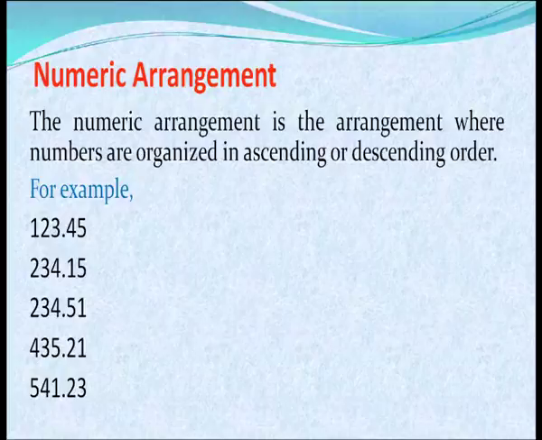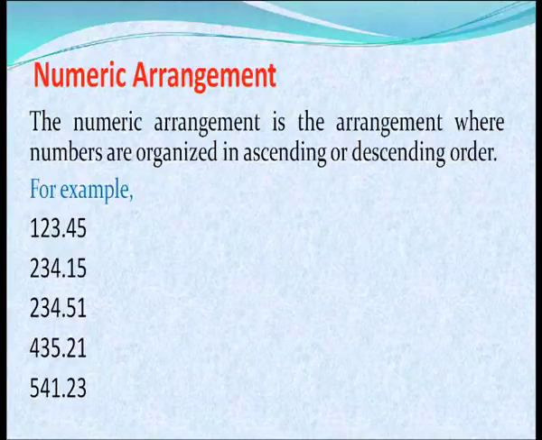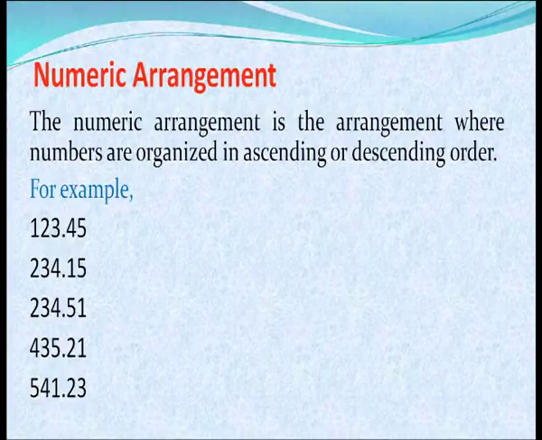Now coming to the numeric arrangement. Numeric arrangement is the arrangement where the numbers are organized in ascending or in descending order. For example, we can say 123.45, 234.15 and 234.51 and 435.21 and 541. These are the numbers, and we are arranging them in the ascending order, from 100 up to 500.